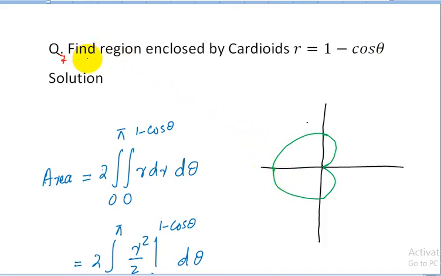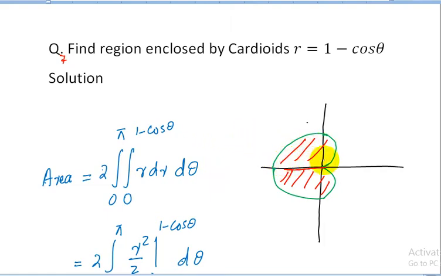We have to find the area enclosed by this cardioid. As the cardioid is a polar curve whose equation is r equal to 1 minus cos of theta, and it is symmetric about the x-axis, first we find the area of the upper half of this cardioid and multiply it by 2, and then we get the whole area enclosed by this cardioid.